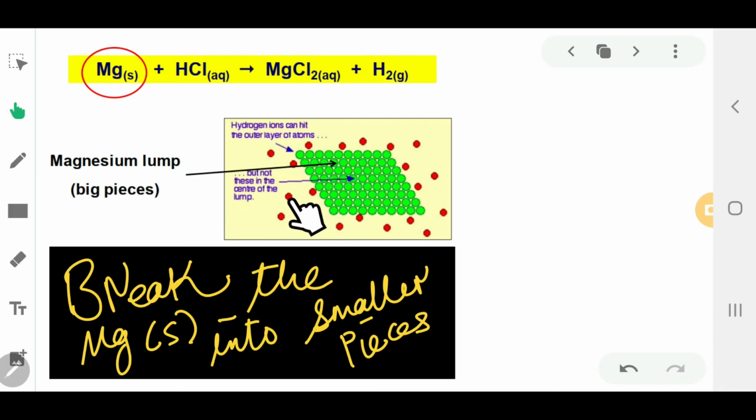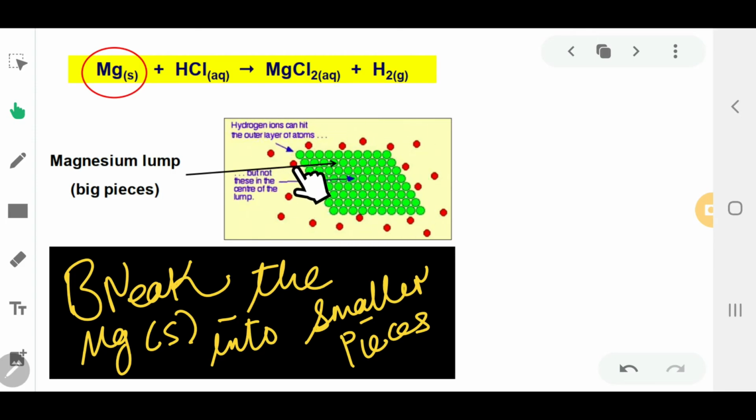The red dots represent the HCl that wants to react with your magnesium. The green balls represent the magnesium solid, and only the magnesium particles on the outer side will be reacting with the hydrogen ions from the HCl outside.